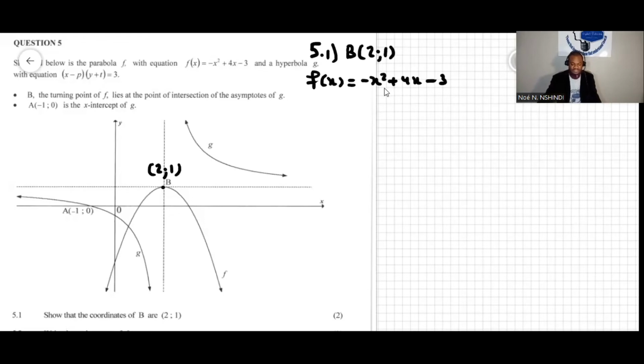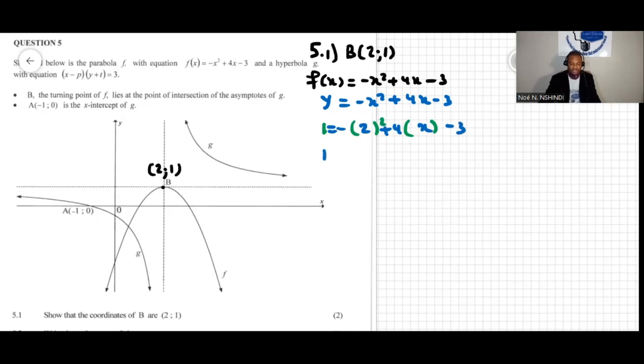It means that if I sub in, remember that this is the y value, y equal to negative x squared plus 4x minus 3. Now I'm going to substitute y by 1 and x by 2. So this is 1 equal to negative x squared, which is 2 squared, plus 4 times 2 minus 3.